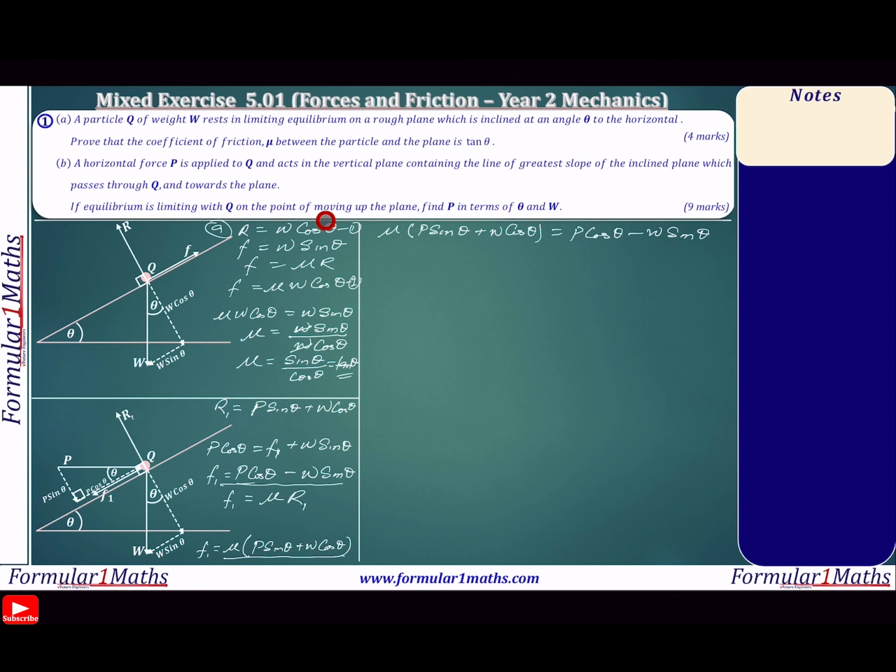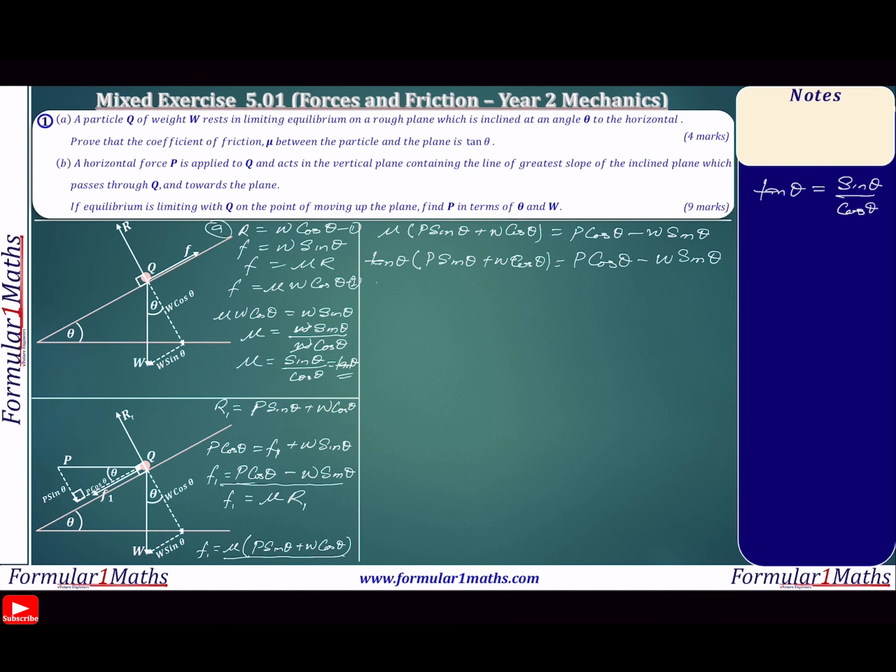And so if we do that, we can get tan theta brackets P sin theta plus W cos theta equals P cos theta minus W sin theta. But we know from pure maths that tan theta is equal to sin theta over cos theta.